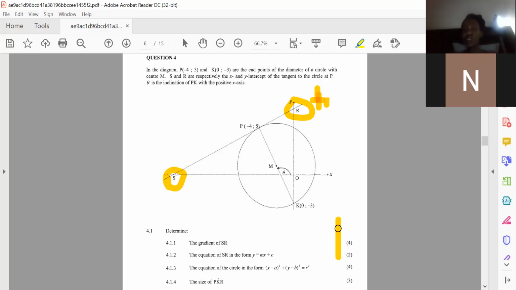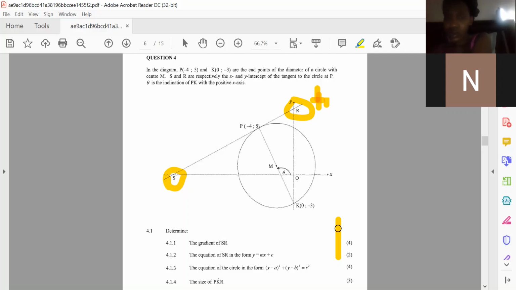Okay, let's go back to the screen. I hope I have this somewhere on my phone so I can copy. I don't think I have it. Right, let me just draw it down. Bear with me. Let me just draw the circle. For the circle, we've got the tangent. We have P, which is (-4, 5).